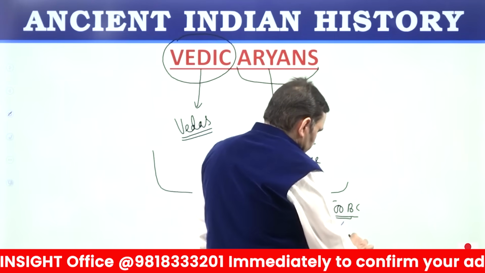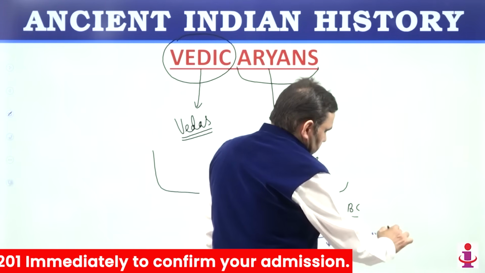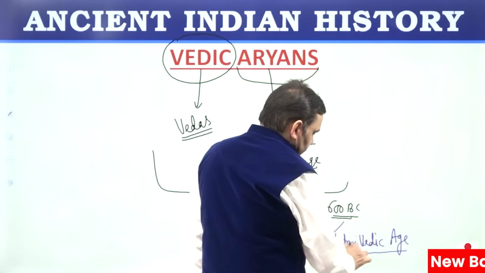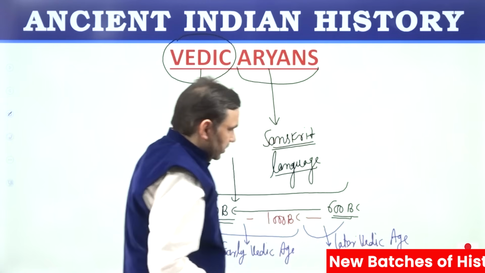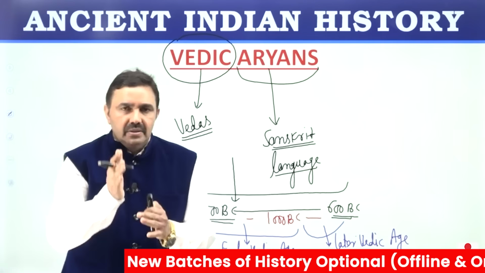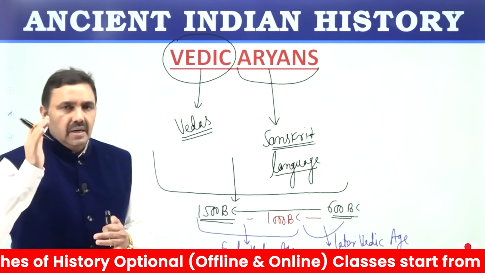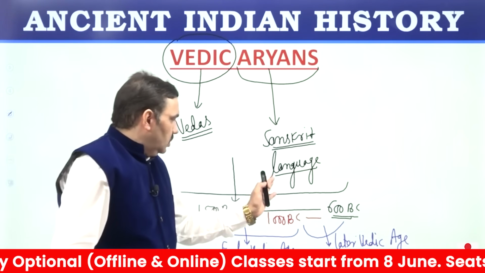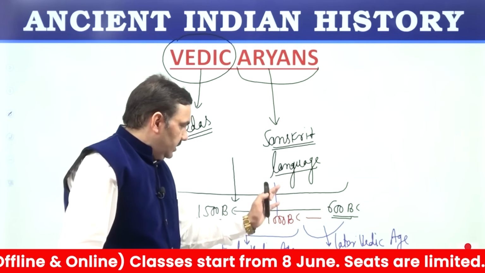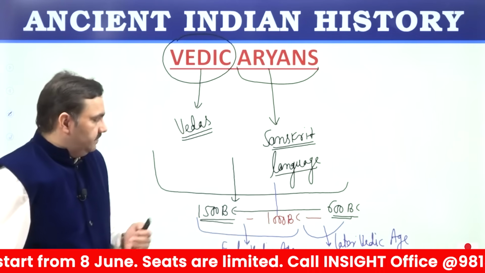So if you see the name of the chapter is later Vedic age, you should understand we are talking about the period of 1000 BC to 600 BC. One of the reasons of differentiation or the point of division was the knowledge of iron metallurgy. Iron metallurgy knowledge was attained in around 1000 BC, and that brought many changes.